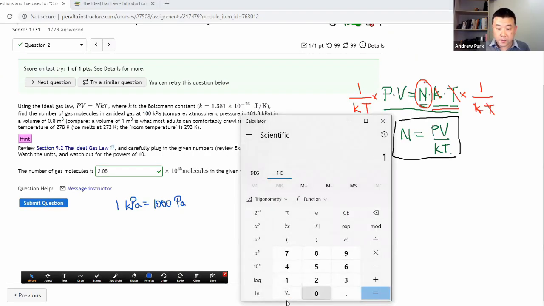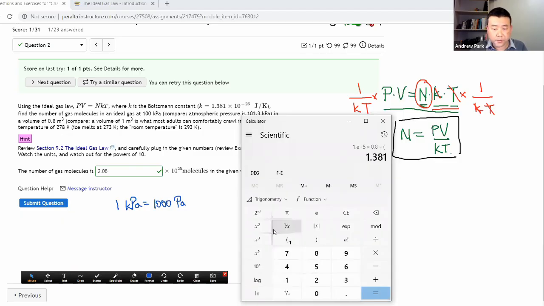I have 100 and then 1,000, so 3 more zeros: 1, 2, 3. 100,000 pascal times 0.8 cubic meter, divided by, and my calculator lets me do parentheses. So I start a parenthesis and then type in 1.381. So far I haven't really changed anything.